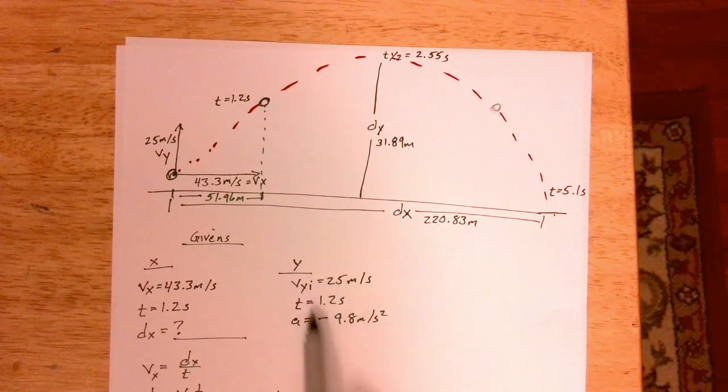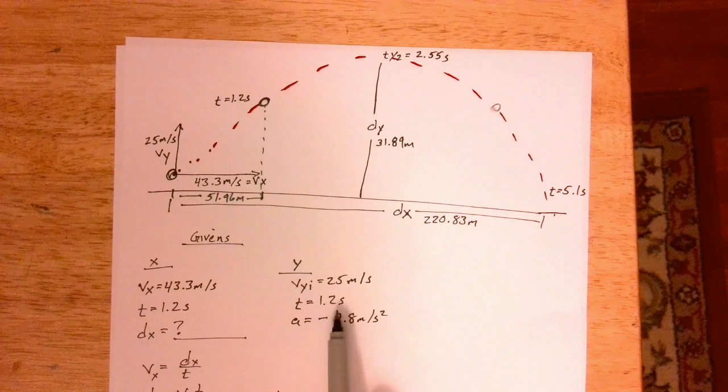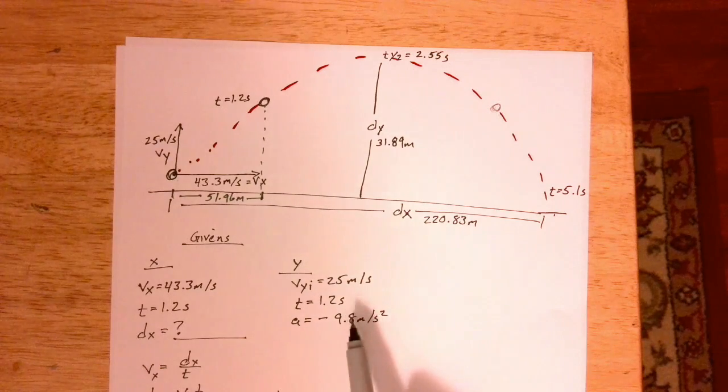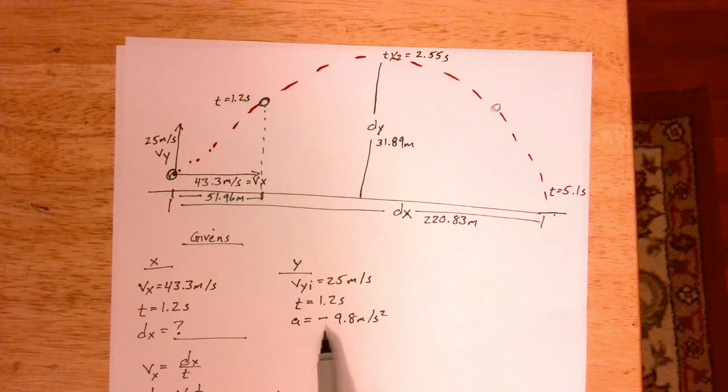Because if you play around with this number right here, one thing you'll see is as time goes on, the velocity will start getting smaller, and then also the velocity will start getting larger. So you leave this as a negative value, because it's first initially going up. Doesn't matter what the time is here. When you're doing your part of this, keep it the same. The only thing you'll be changing is the 1.2 seconds.